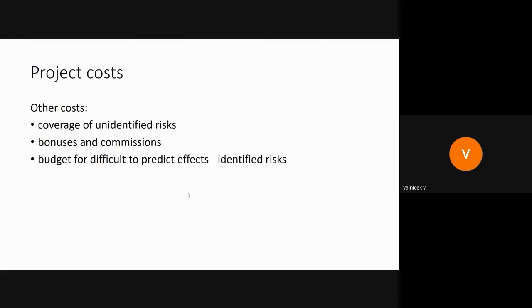Other costs: coverage of unidentified risks, bonuses and commissions, budget for difficult to predict effects, or some budget to cover risks. We call it project reserve. Be careful that in the vast majority of subsidy projects, you cannot create the reserve. It is not eligible costs.